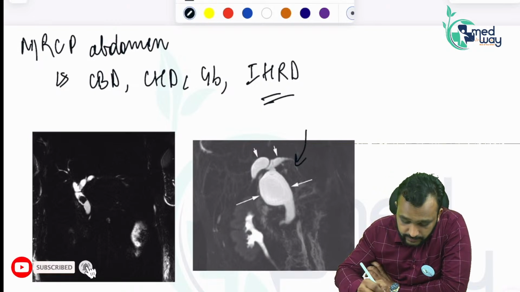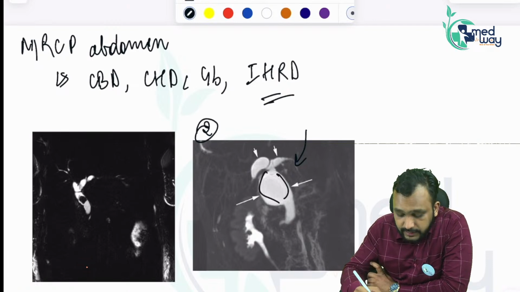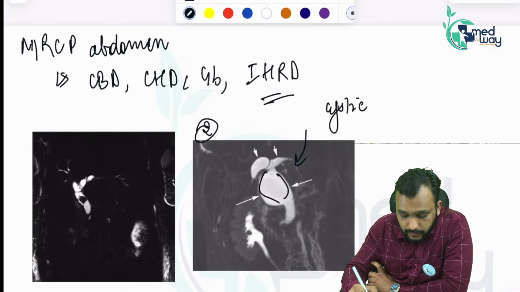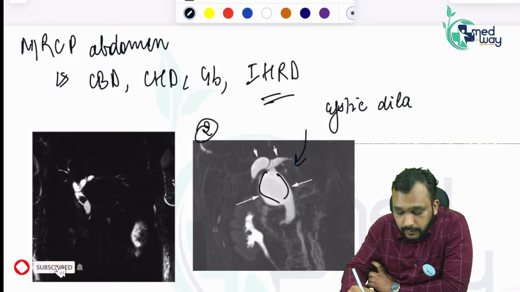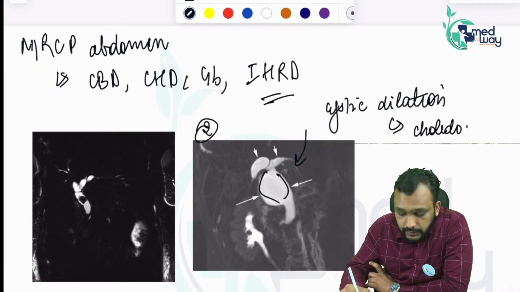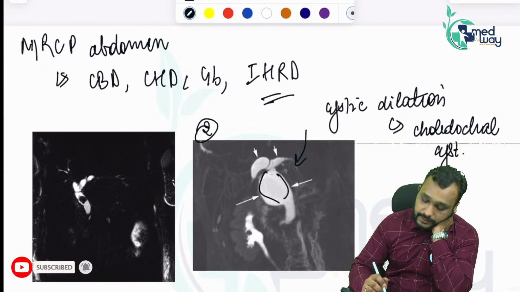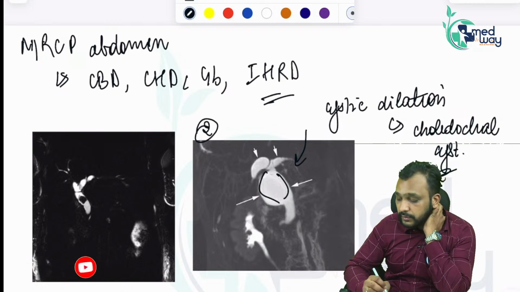So here in this image, in the second image, we can see that there is cystic dilatation, okay, of the common bile duct. Okay, so this is the case of choledochal cyst, cystic dilatation of the common bile duct. This is the case of choledochal cyst.